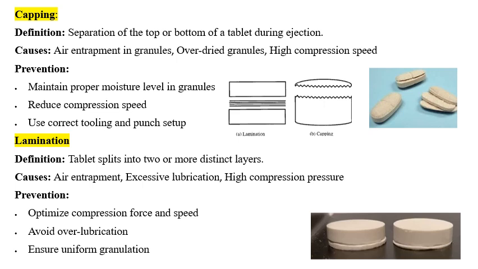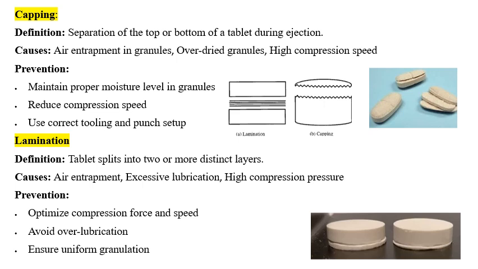Causes of the capping are air entrapment in the granules, over-dried granules, high compression speed. Because you need some moisture in the blend to compress it, to make it compact. If the granules are over-dried, that means if your LOD is too low, let's say for example below 1%, then there are chances that capping will happen, because this blend will not have the strength to get compressed.